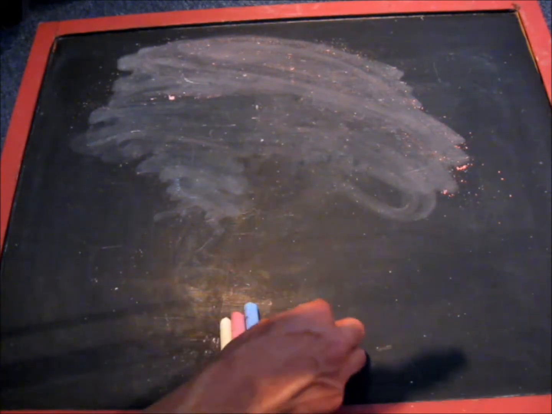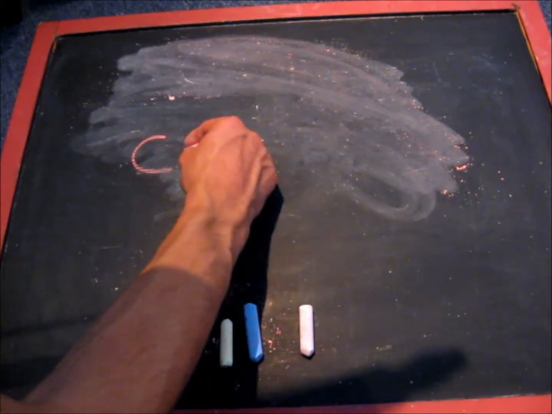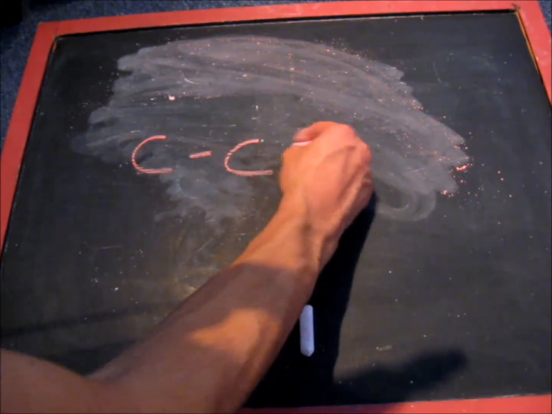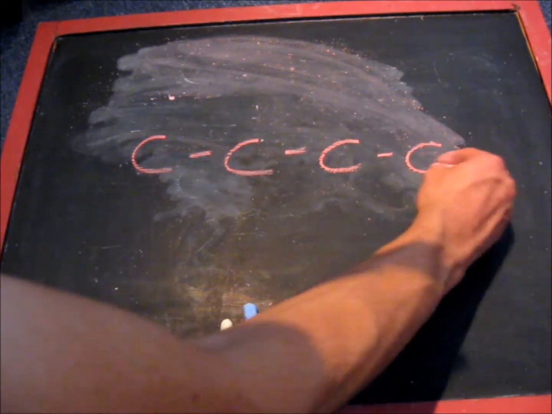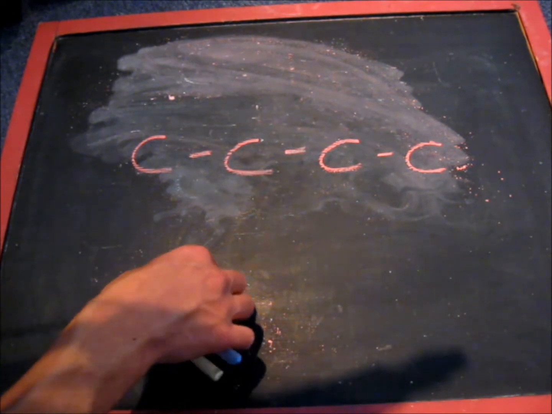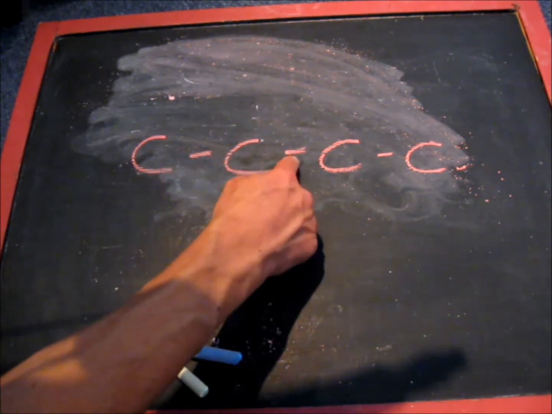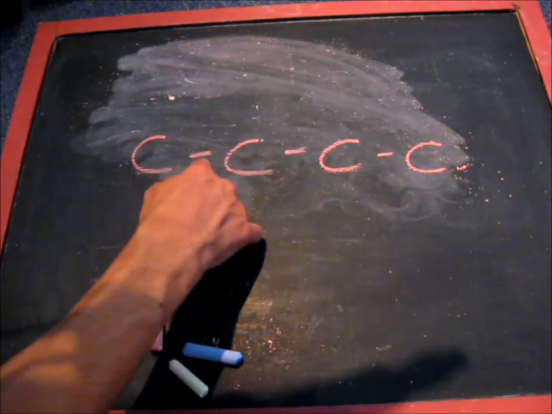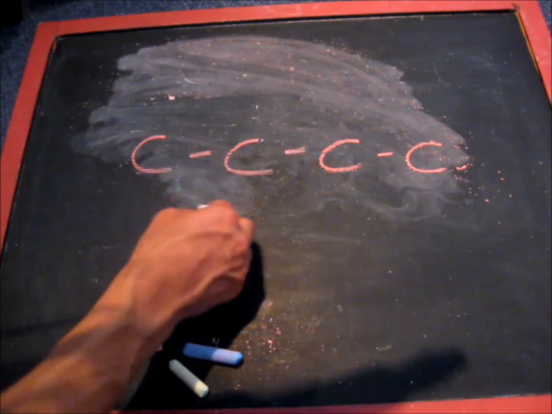So they look a bit like this. Might as well put another one. So that is a chain of 4 carbon atoms, all bonded. That's what the lines, or the hyphens, I guess you could say, mean. They're bonded together.